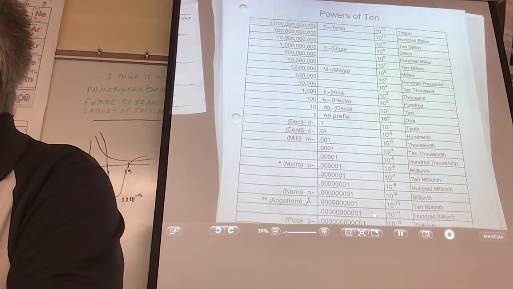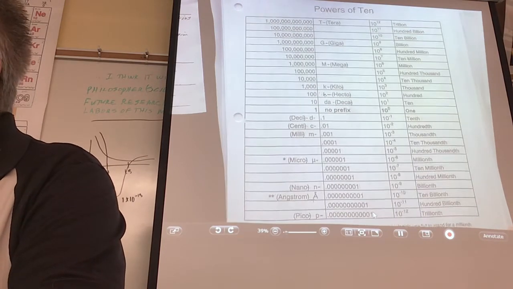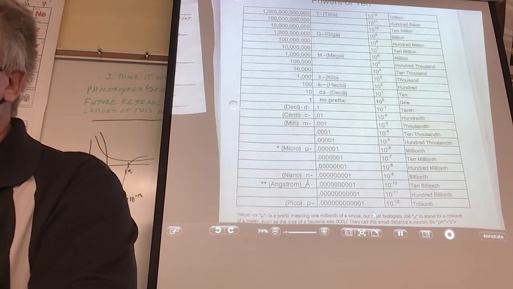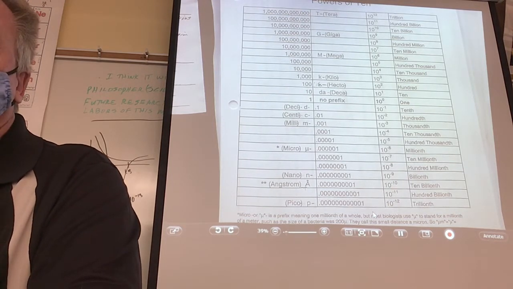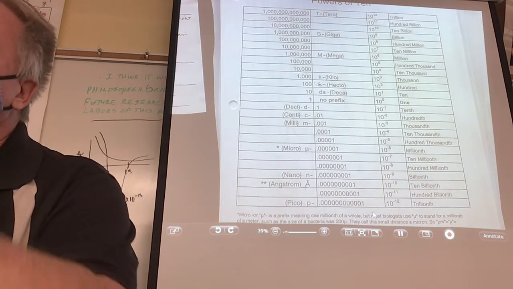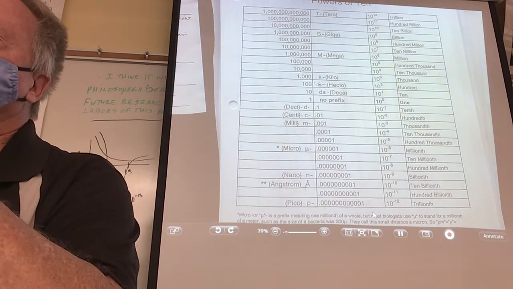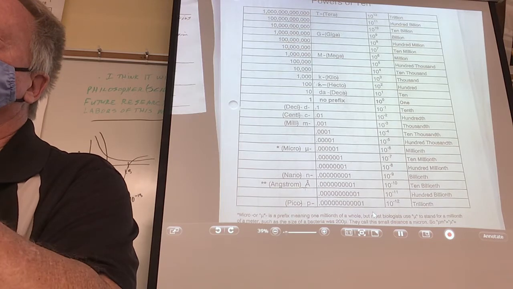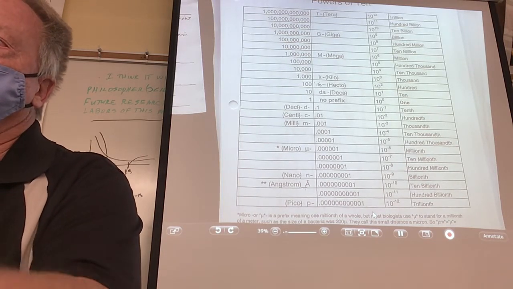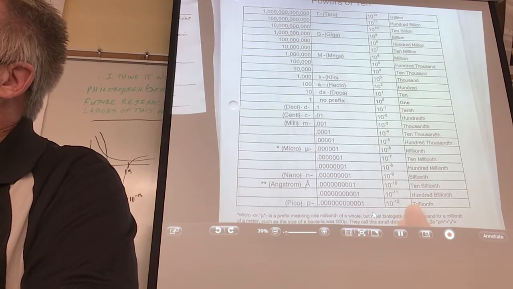All right, is everybody ready? Let's see how much you remember from 2 days ago, and I reviewed it yesterday. This chart right here is called Powers of 10. It's very powerful. As a matter of fact, it's so powerful that everybody in the world uses a number system that's based on this. Isn't that interesting?